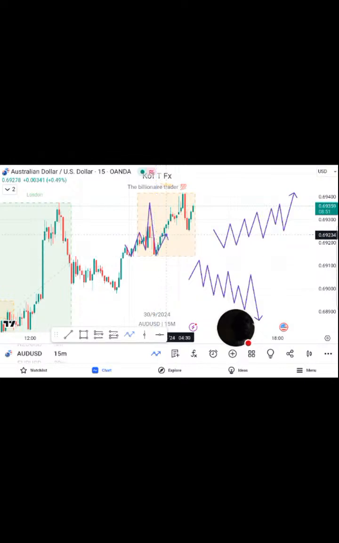So this point, and here there's a small pullback before breaking the structure, and we have this break of structure. So presently, price is giving us a kind of pullback. So what I'm expecting now, probably price will take out this high or not, whatever. Whether it takes this out or not, then I expect a pullback to this last green candle, and boom.